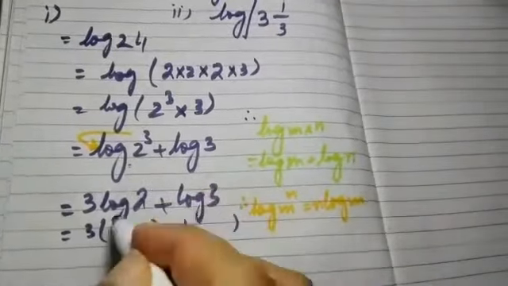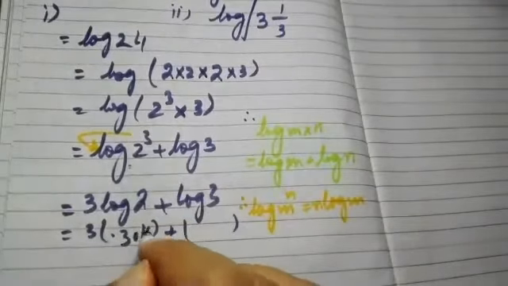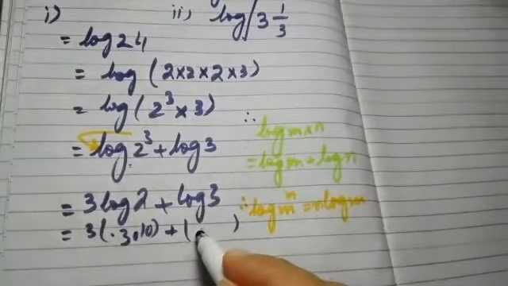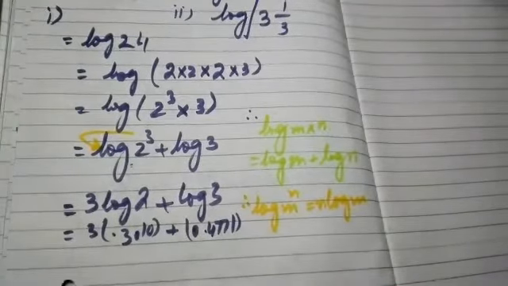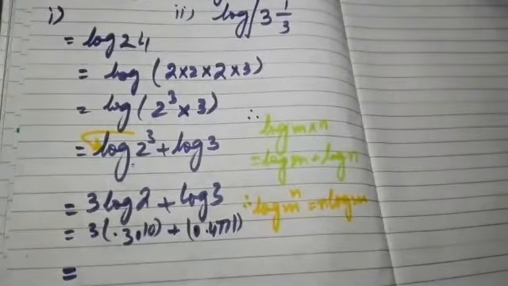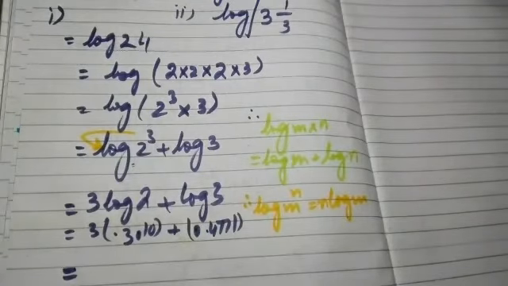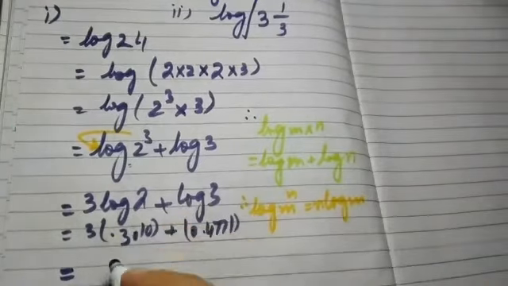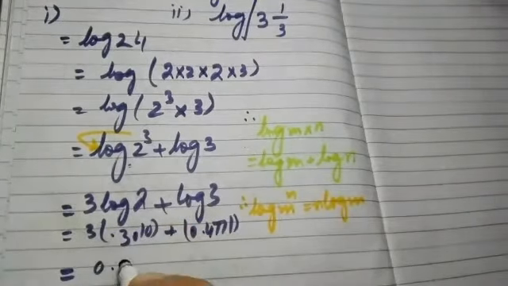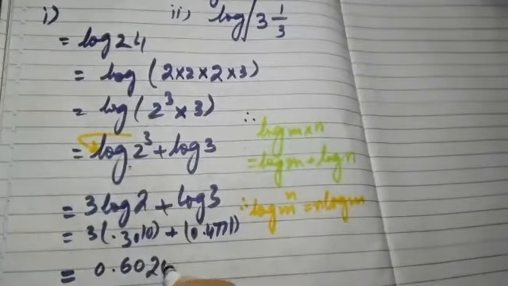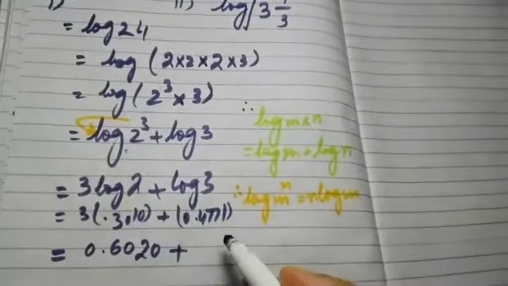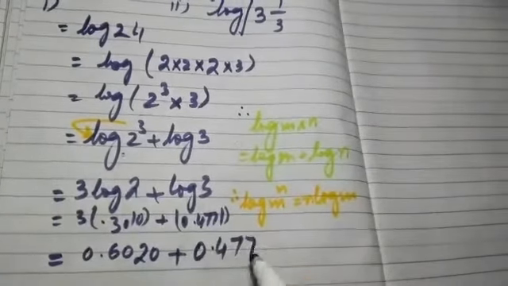So log 2 is written as 0.3010 and log 3 is written as 0.4771. I will substitute these values, get them multiplied, and we will find the simplification. It will become 0.6020 plus 0.4771.